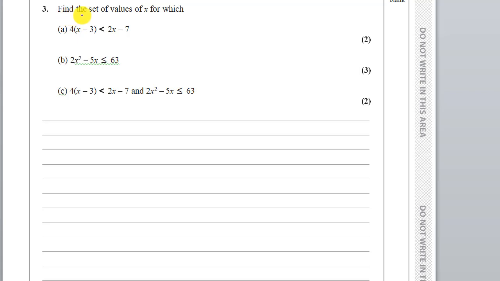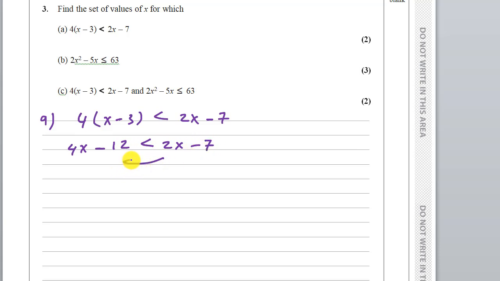Question 3. Find the set of values of x for which, part A, 4x minus 3 is less than 2x minus 7. So let us start with part A. 4x minus 3 less than 2x minus 7.